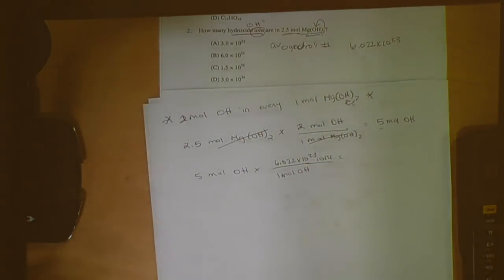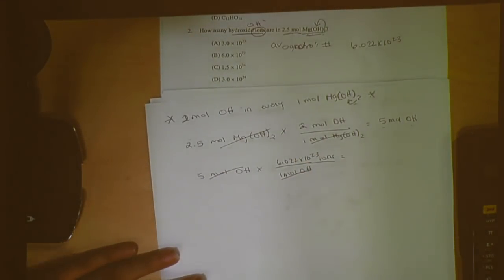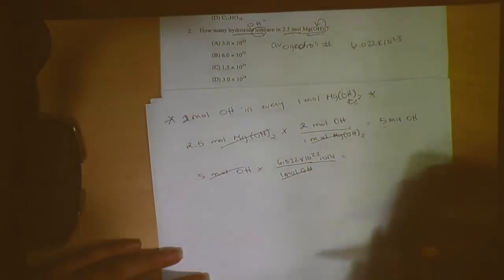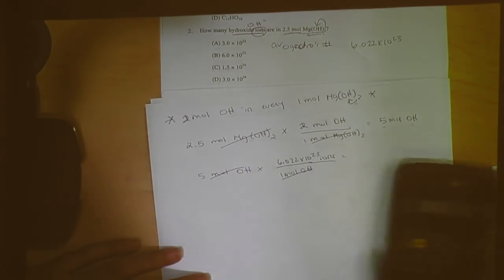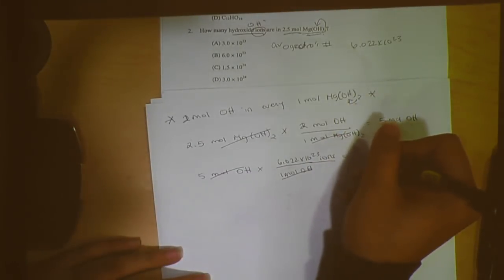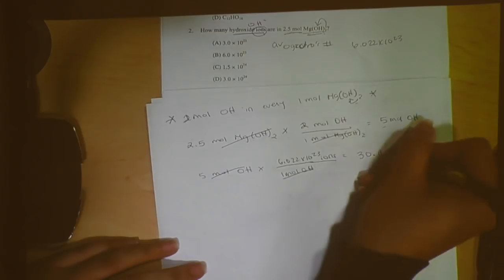Again, the main thing about stoichiometry problems is that the top and the bottom always have to cancel. That's how you know you're on the right track. So the top here cancels with the bottom here, mole OH and mole OH. So now you're multiplying 5 by 6.022 times 10 to the 23, which gives you 30.11 times 10 to the 23.